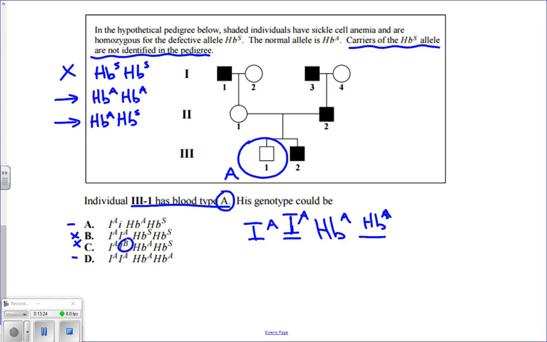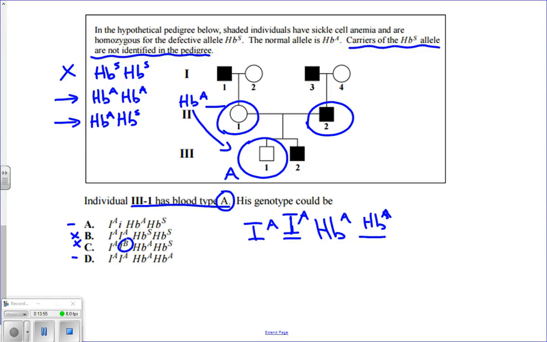So it looks like we have two potential answers. Well, here's where we're going to have to use the pedigree chart to figure things out. We can eliminate one of those answers once we look at the parents of individual 3-1, because the parents of individual 3-1, 2-1 and 2-2, if we know their genotypes, we might be able to narrow down what 3-1 might have. So individual 2-1 does not have sickle cell anemia, which means we're HBA something, which means the HBA that this individual possesses could have come from this parent.